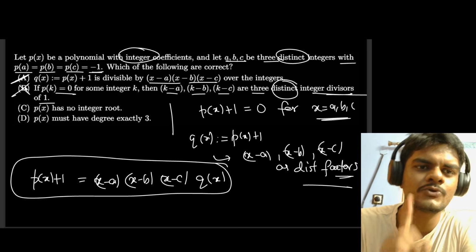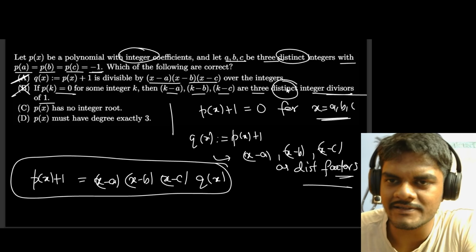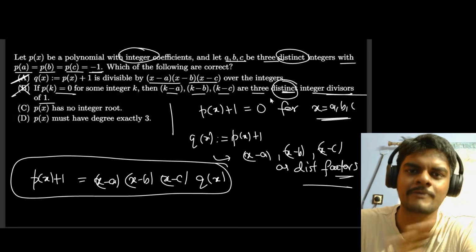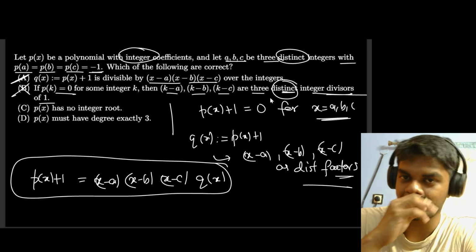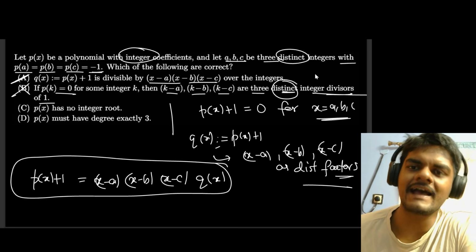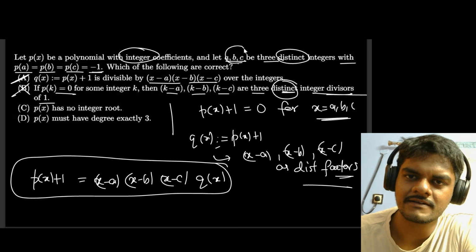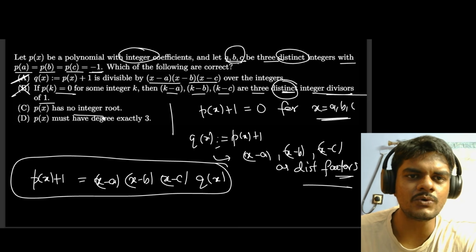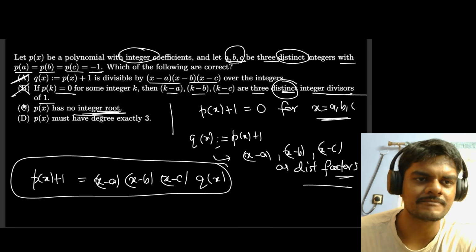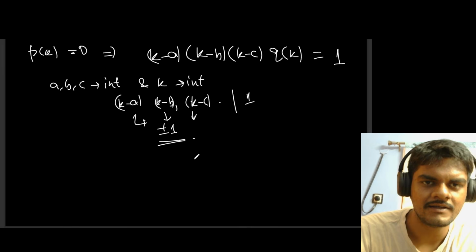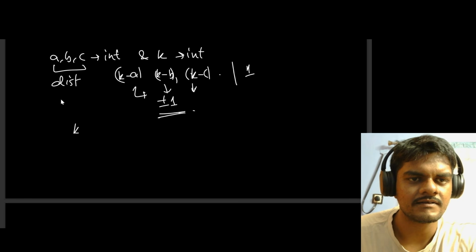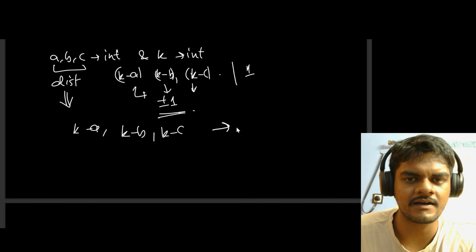So B is not true in that sense only because it is written distinct. If it was written 3 integer divisors, I would have no problem with that. Distinct is not possible, and it has to be distinct because A, B, C are distinct. So these two together won't fit in. In fact, you can say that no integer roots is possible because of the exact same reason. Since A, B, C are distinct, this will imply that k minus A, k minus B, k minus C are distinct.